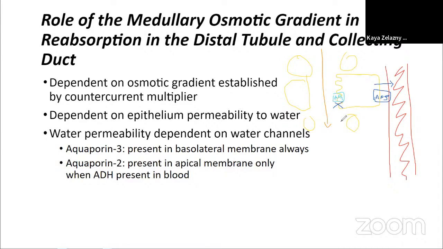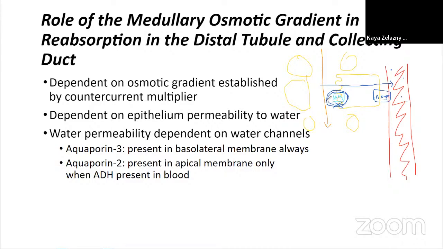So the way we control whether water moves all the way across is by controlling how much aquaporin 2 there is. So aquaporin 2 is only going to get inserted into that apical membrane, so it's only going to be present when we have ADH swimming around in our bloodstream. So ADH is our hormone that's controlling the presence of aquaporin 2 on the apical membrane.